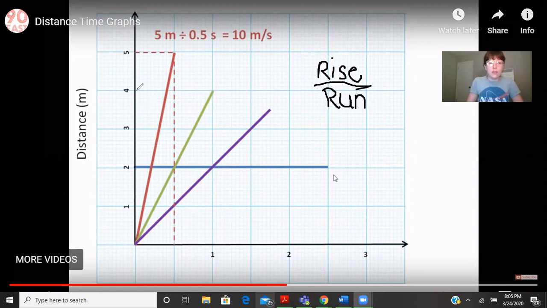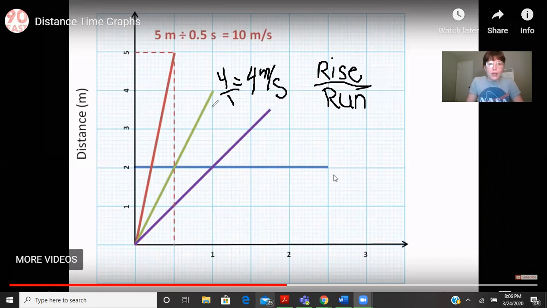So my rise on this one is 4, and my run is 1. 4 divided by 1 equals 4. So my speed would be 4 meters per second.